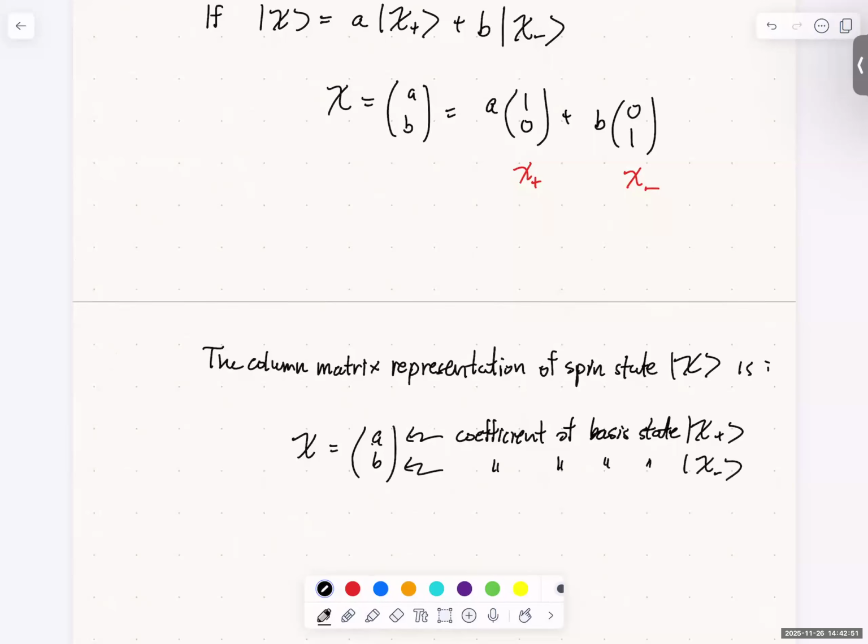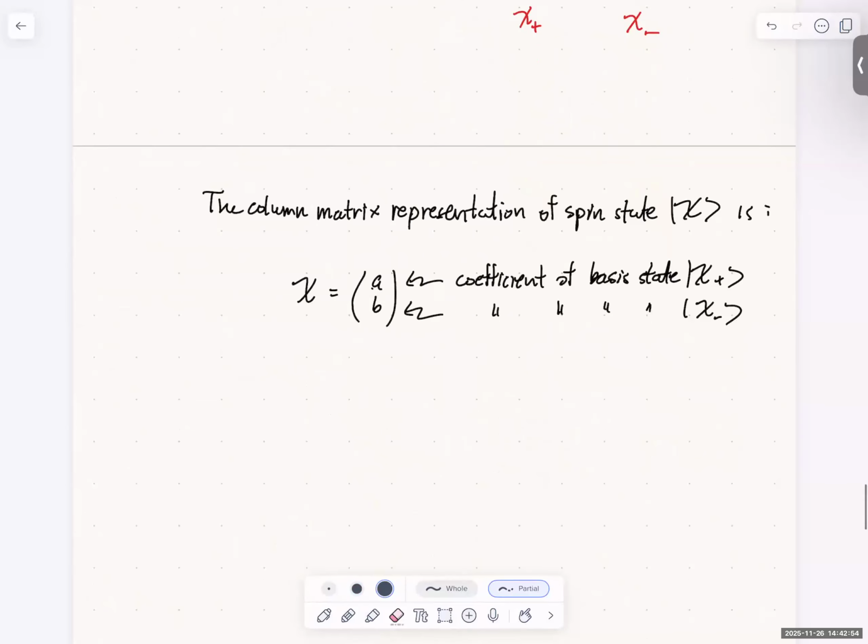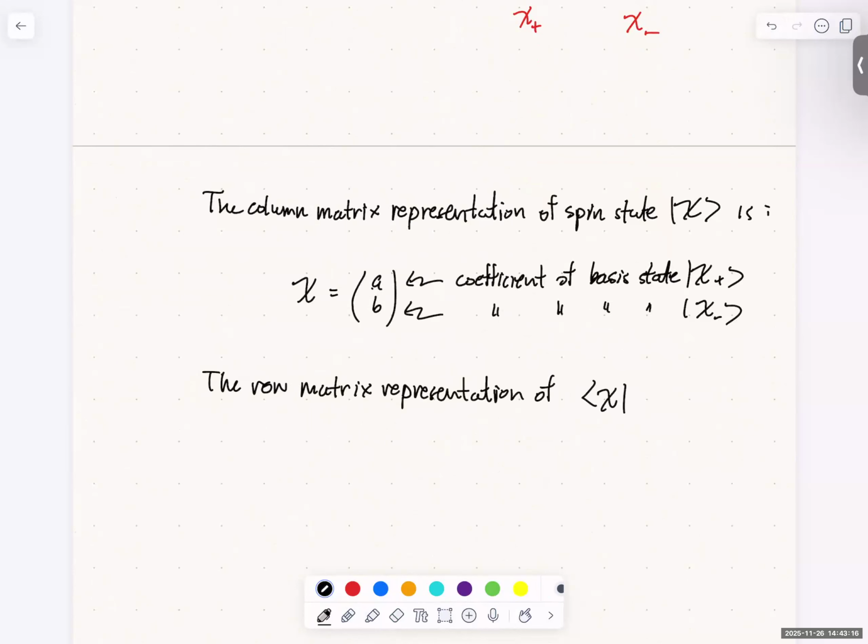All right, fair enough. I could also do a row matrix representation of chi. Taking the Hermitian conjugate means I have to take the transpose and the complex conjugate.